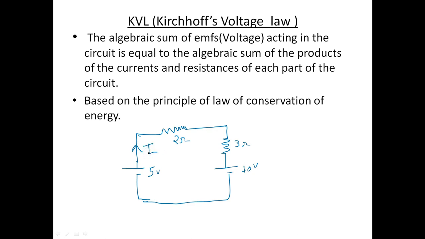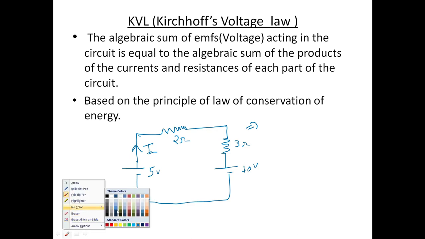So KVL states that the algebraic sum of the EMFs acting in the circuit is equal to the sum of the products of the current and resistance. If I want to calculate the value of current in this loop, how can I calculate it? This is calculated by using KVL, that is Kirchhoff voltage law. Let's see how we can calculate.